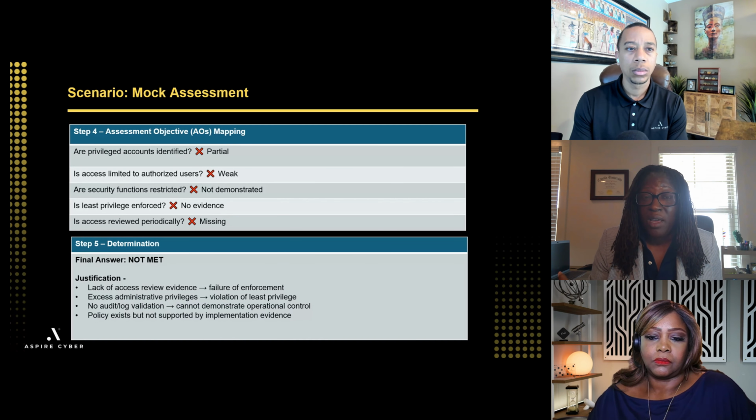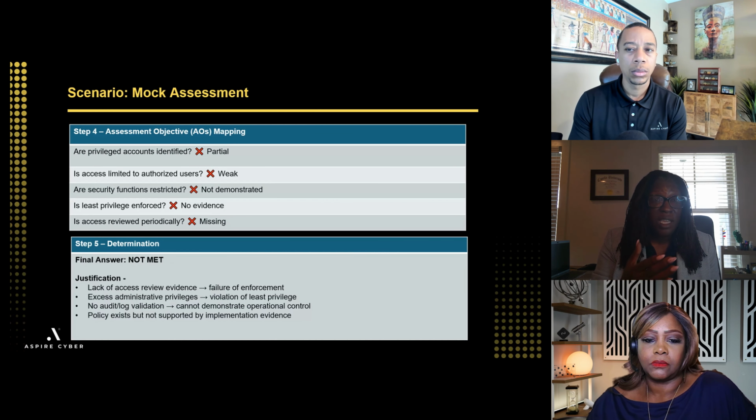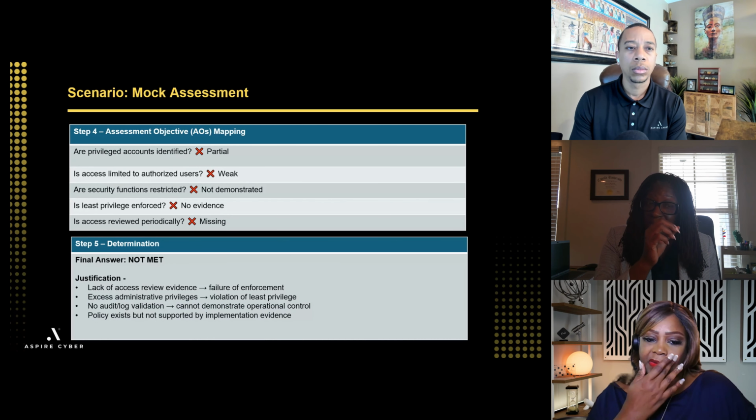Maybe another is, is access limited to only authorized users? These are questions that can help guide the interview, the examination, and the testing. So definitely we must use NIST 800-171A to examine, interview, and test, because these are questions that can help map to our assessment objectives.